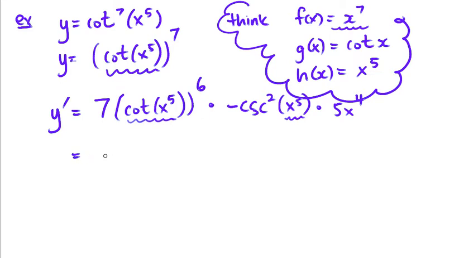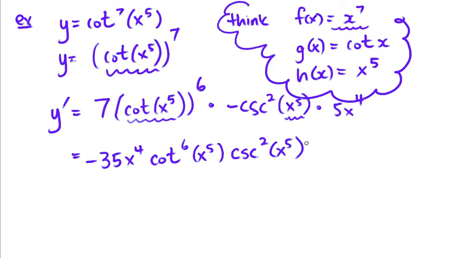That gives me 35 x to the power of 4, so negative 35 x to the power of 4, cotan to the 6, x to the 5, and cosecant squared of x to the 5.